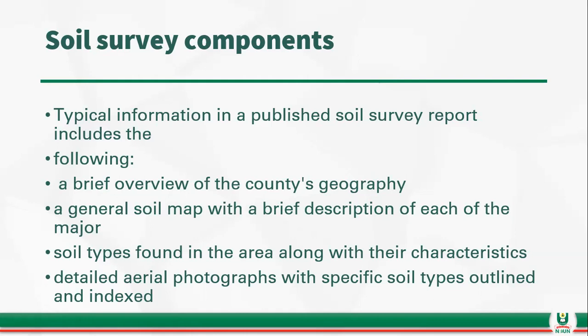Part of the components also includes a general soil map with a brief description of each of the major soil types found in the area, along with their characteristics, as well as detailed aerial photographs with specific soil types outlined and indexed. When we talk about aerial photographs, we are talking about photographs taken using an aircraft, an object photographed from afar.